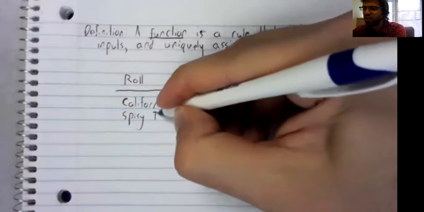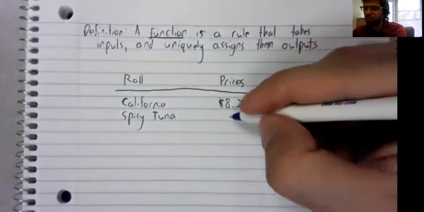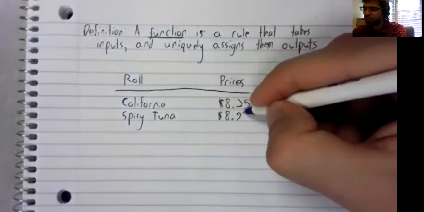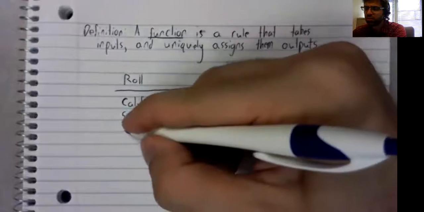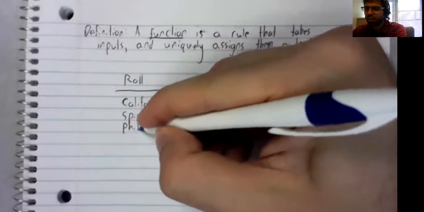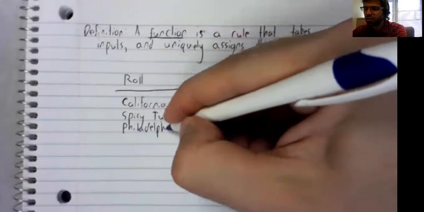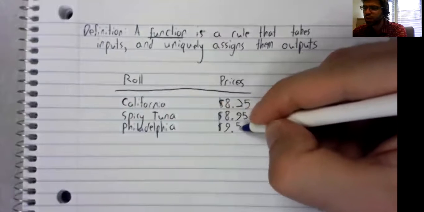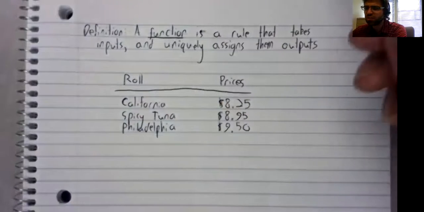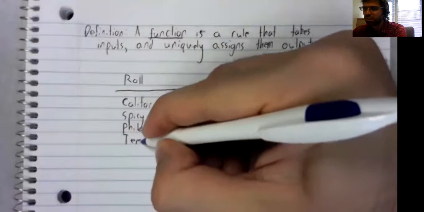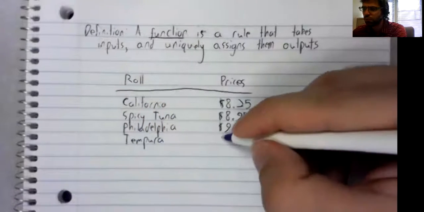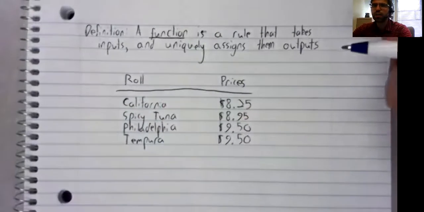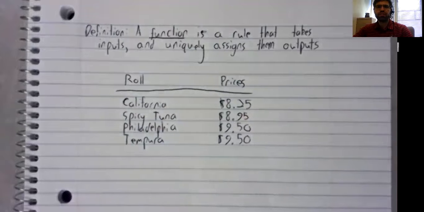A spicy tuna roll for $8.95. A Philadelphia roll for $9.50. And a tempura roll also for $9.50.